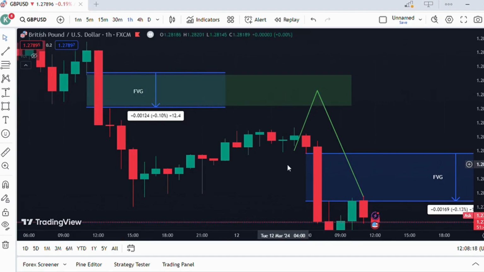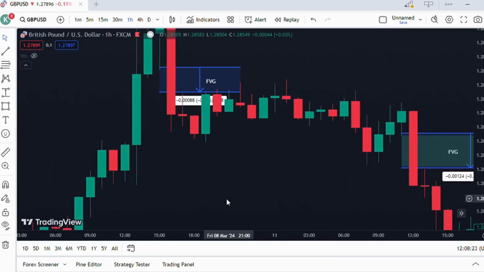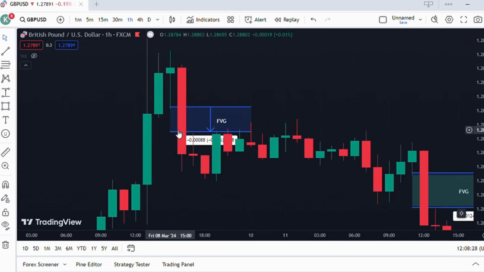But if we move backwards, we'll see in this particular example, in the 1 hour chart of pound US dollars, as you can see, here is another fair value gap. Here is a sell side imbalance that caused a buy side inefficiency, a state of buy side inefficiency.